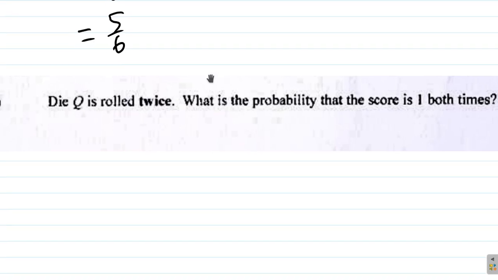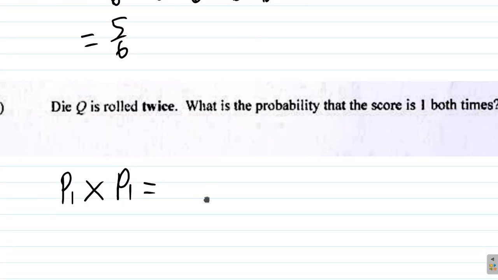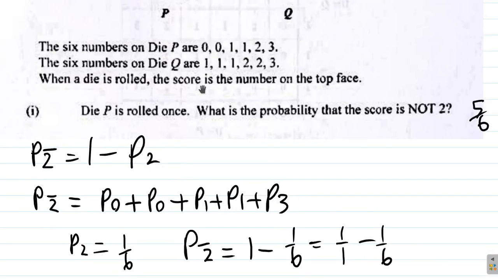Now the probability that it is 1 both times means probability of a 1 and probability of a 1. So remember, or is associated with plus and and is associated with multiply. Now, what's the probability of a 1? Well, there are 1, 2, 3, 4, 5, 6 numbers available, and there are 1, 2, 3 ones.